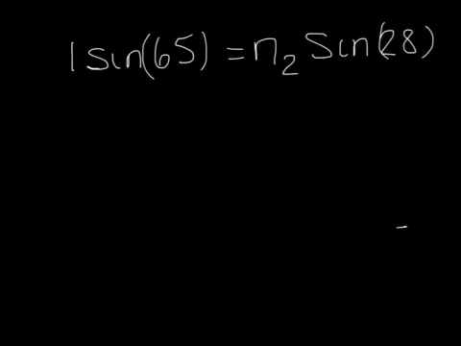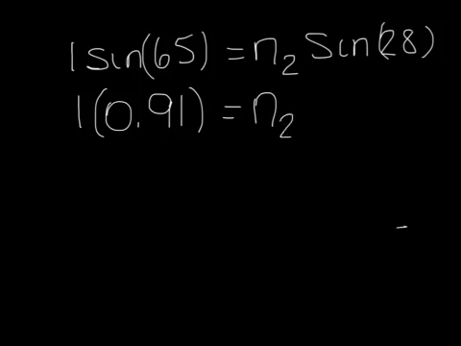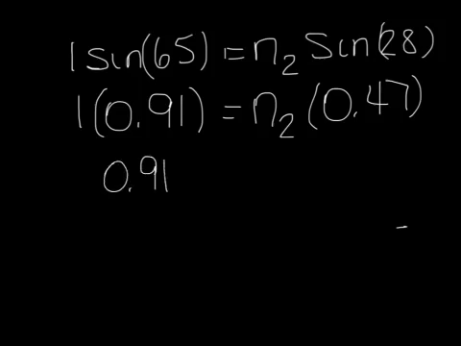The sine of 65 is 0.91, so we have 1 times 0.91 equals N2 times the sine of 28, which is 0.47. 1 times 0.91 is 0.91, and that equals 0.47 N2.